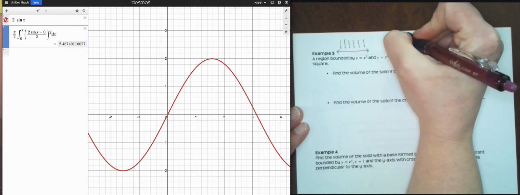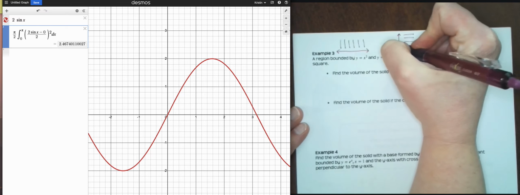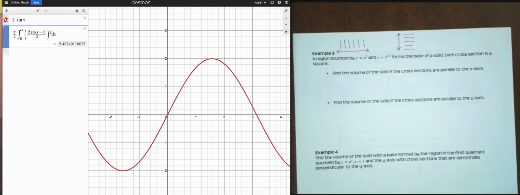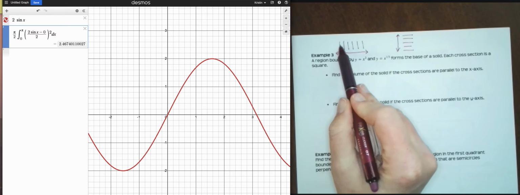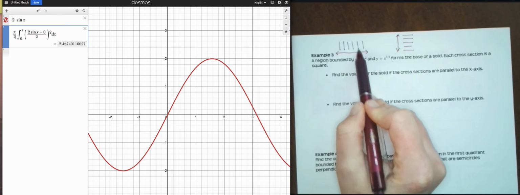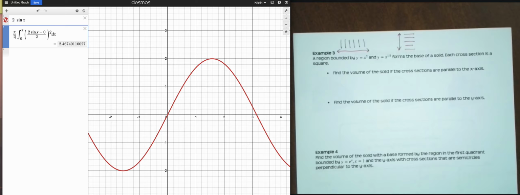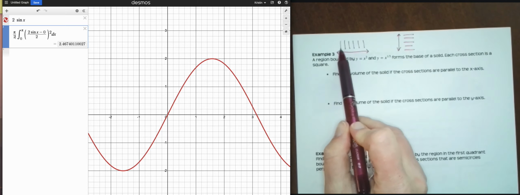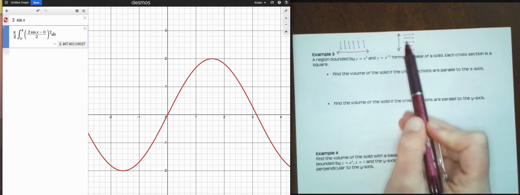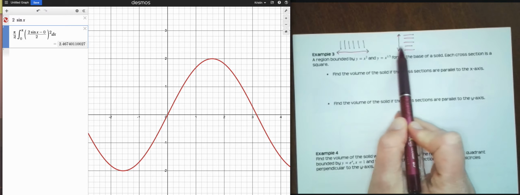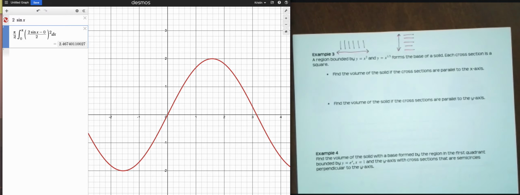And in this case, we're going to integrate along the y-axis. Now, most of the time, the wording on this talks about being perpendicular to an axis. So like, for example, these cross sections are perpendicular to the x-axis, so we integrate along the x-axis. These are perpendicular to the y-axis, so we integrate along the y-axis.